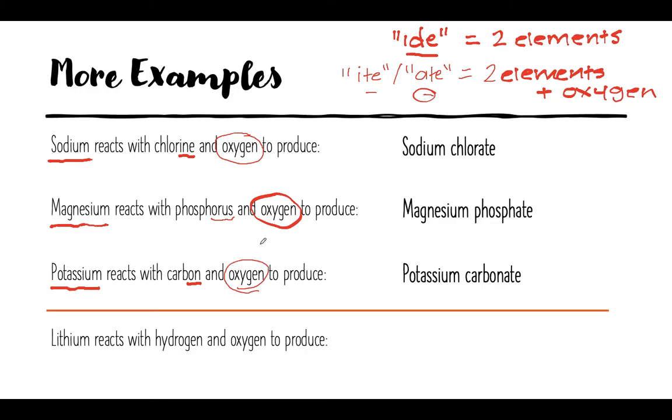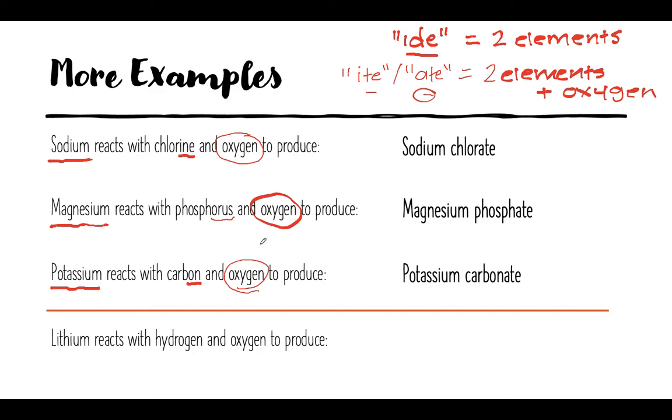Now I have actually another sneaky example for us. Now, if we look back to the top corner, we know that the ending IDE tells us there are only two elements involved. And ITE or ATE would be two elements and oxygen, so it would be three elements.